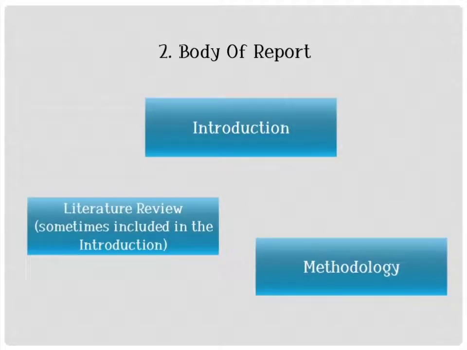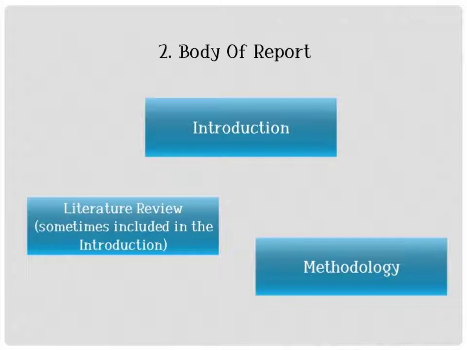Next, body of report. The first one is introduction. Introduction is what you researched and why. And the second is literature review. In literature review, sometimes included in the introduction, other relevant research in this area. And next, methodology.